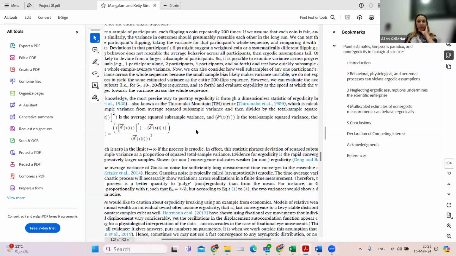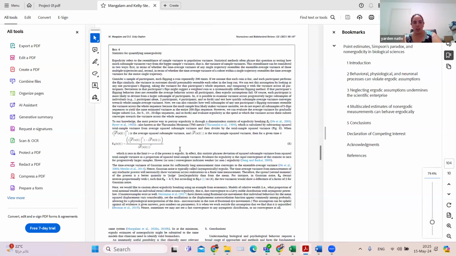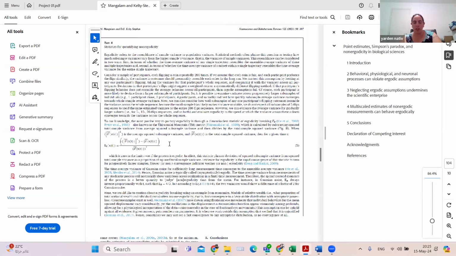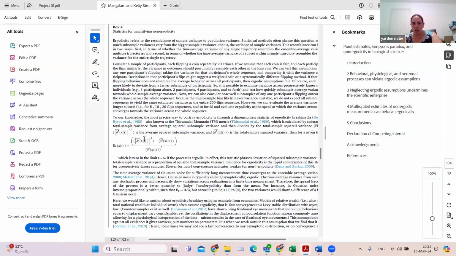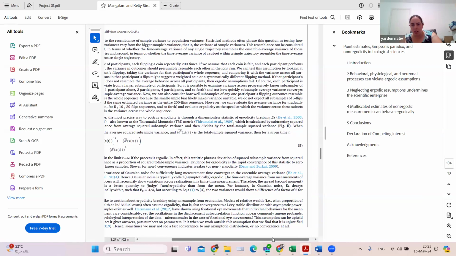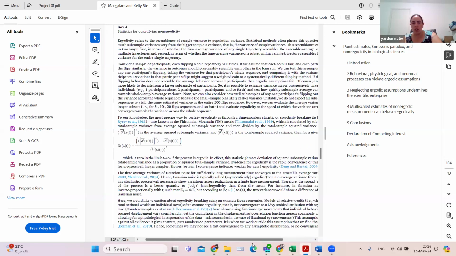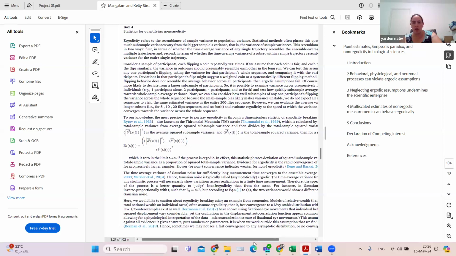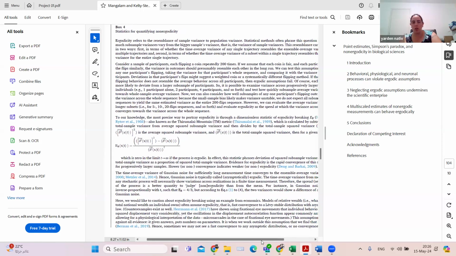Yes. So the basic idea is that this statistic measures the deviation of the squared subsample variance from the squared total sample variance, as a proportion of the squared total sample variance.